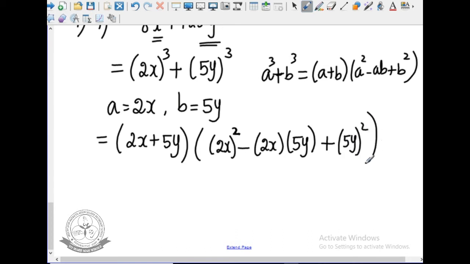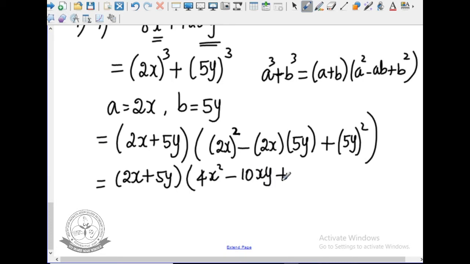Okay, then that is equal to 2x plus 5y, 2x whole square, that is 2 square 4, x square, then minus 2 5s are 10, xy, then plus 5 square is 25, so 25y square. This is your answer.